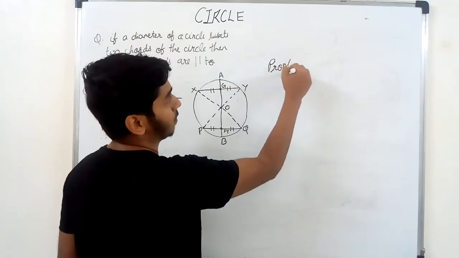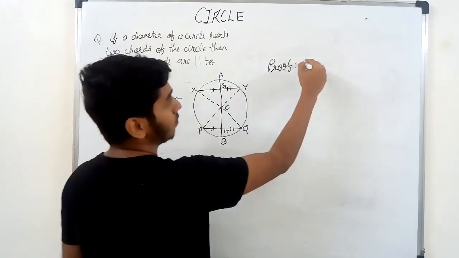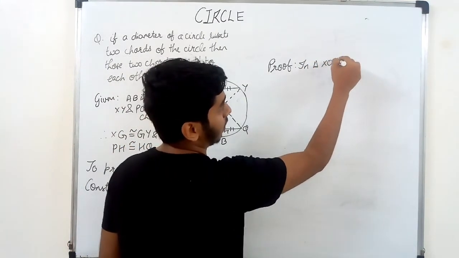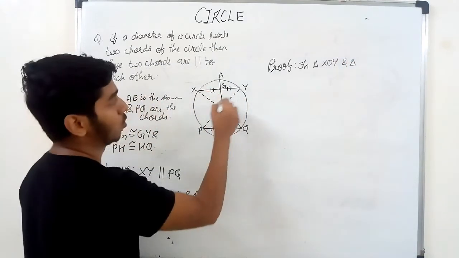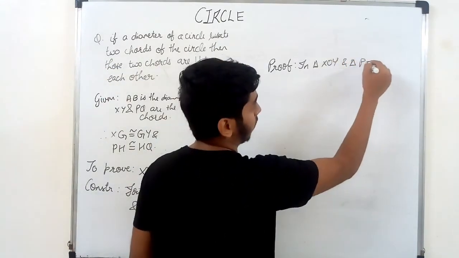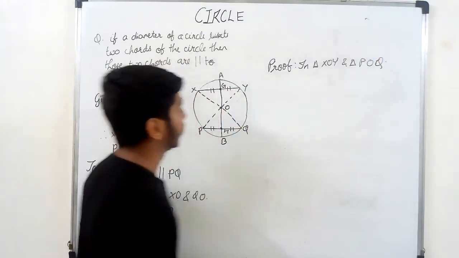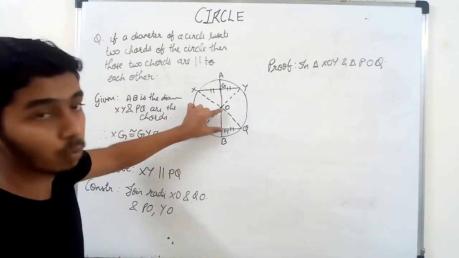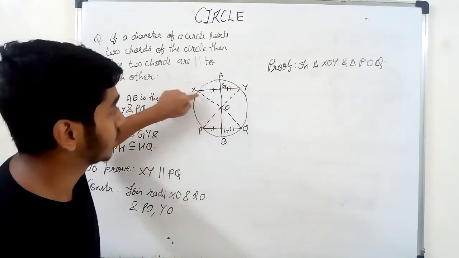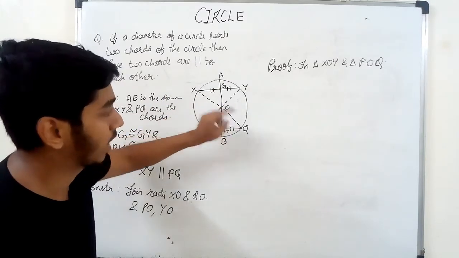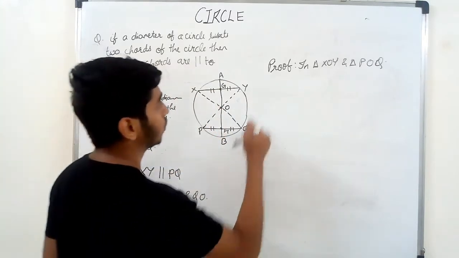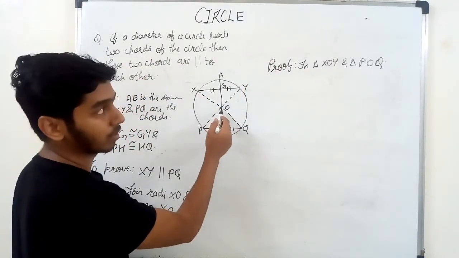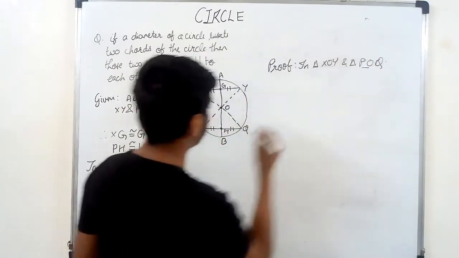So let's see the proof. Now we'll consider the triangles, triangle XOY and triangle POQ. If we ignore GO and HO, just consider XOY, this triangle, and POQ. So this is what we are considering. Now we can say that XO is congruent to PO.